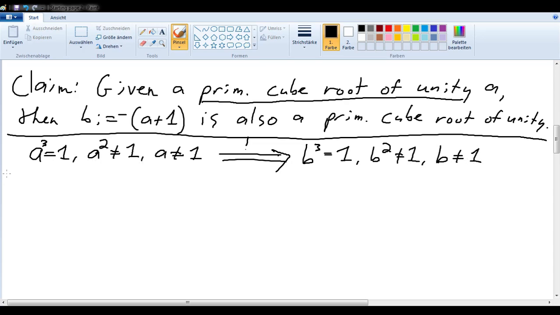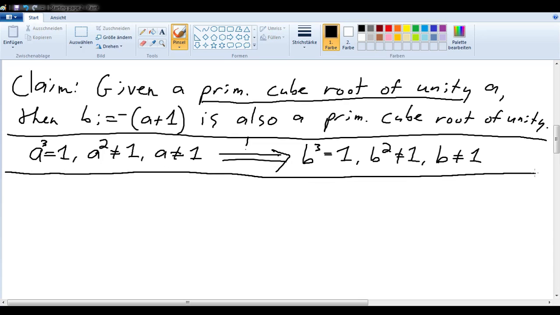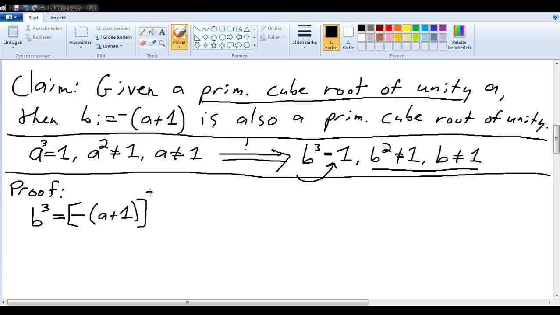So, now we can prove it. Let's raise B to the third power and see what we get. In other words, first we want to just show that B is a cube root of unity, and afterwards we'll show whether it is a primitive cube root of unity. So B to the third is just going to be negative (A plus 1), all of this cubed.